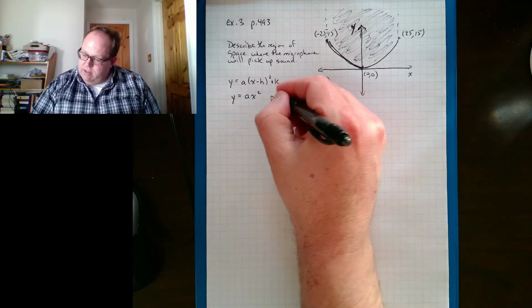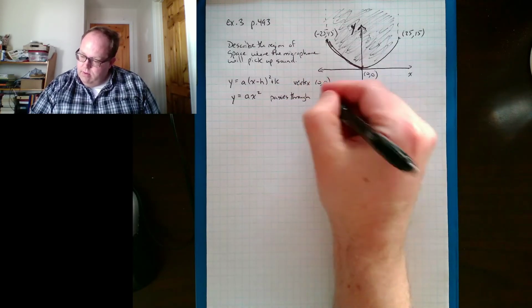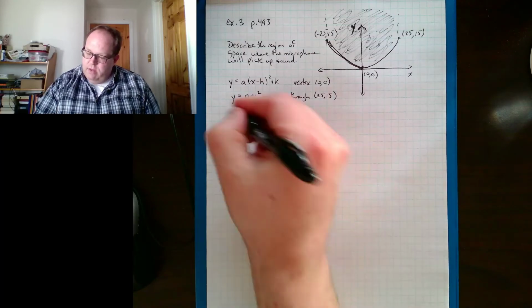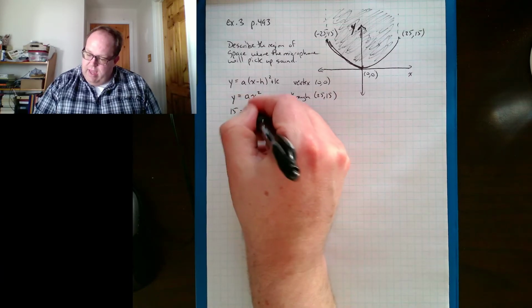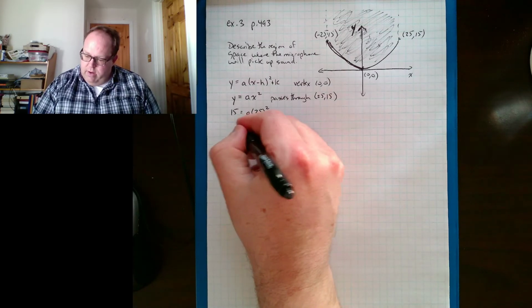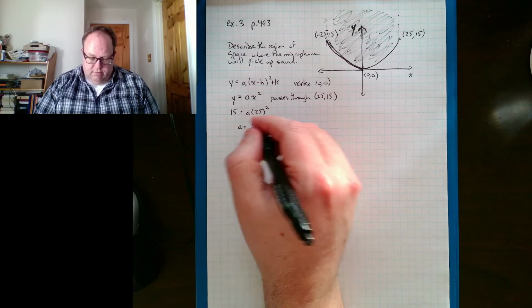And it has to pass through the point 25 and 15. So 15 is going to equal a times 25 squared, or a would equal 15 over 25 squared.